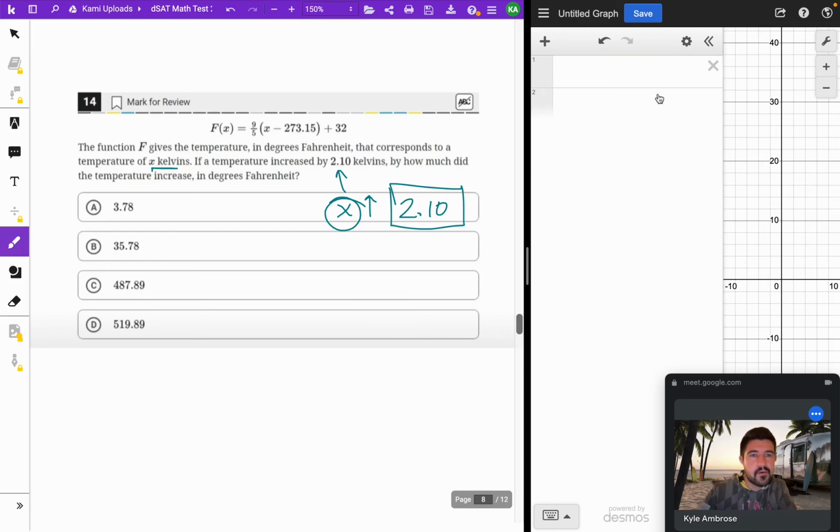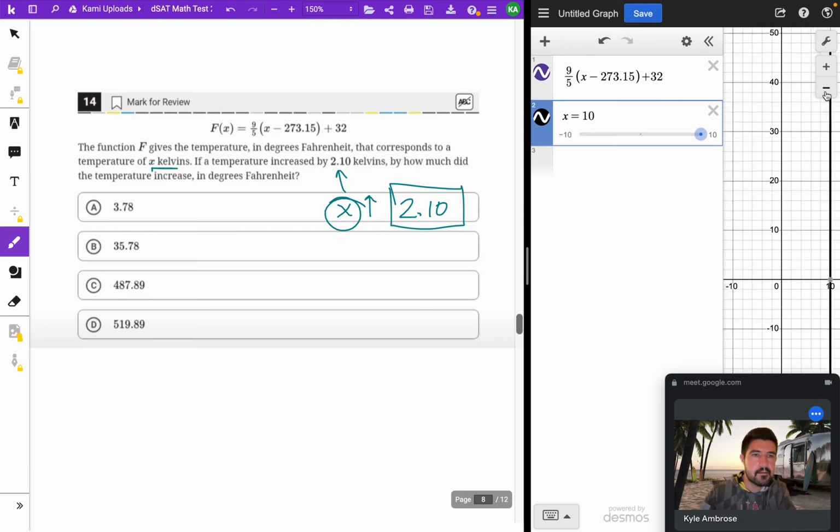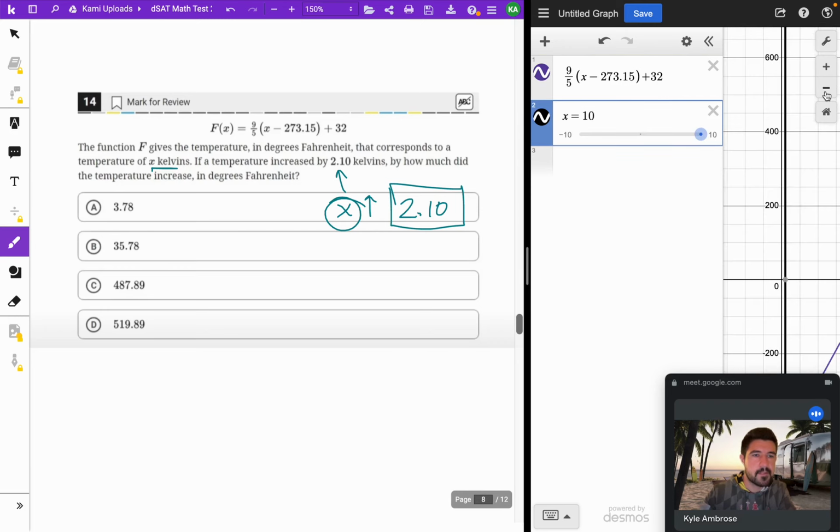So go to Desmos, put in the equation 9 over 5 times x minus 273.15 plus 32. That's the function. Now, if I put in x equals, let's say, 10, where is this going to be? Oh, way down there.